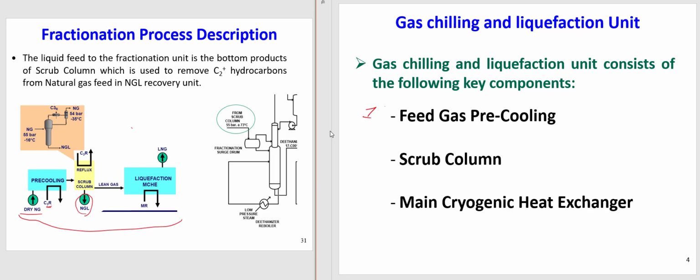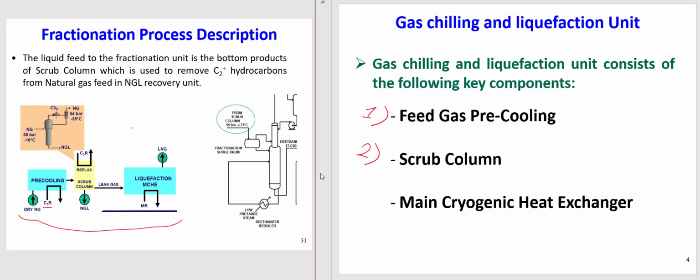One, feed gas pre-cooling, which is here. We have a dry gas coming from the dehydration unit. It goes to the pre-cooling unit that uses only propane as a refrigerant, and it becomes cold. Then it is sent to the scrub column.